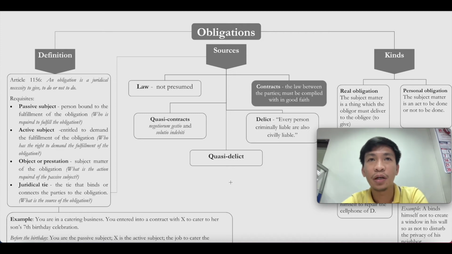No one must unjustly enrich himself or herself at the expense of others. The lesson there is hindi dapat tayo nakikinabang unjustly sa mga bagay na hindi naman para sa atin. So, yun yung concept ng quasi-contracts. Another source of obligation is delict or crime.